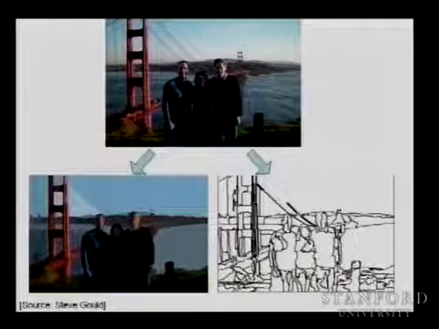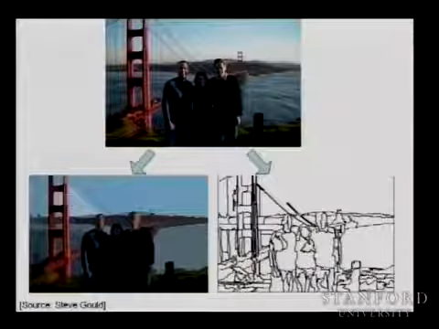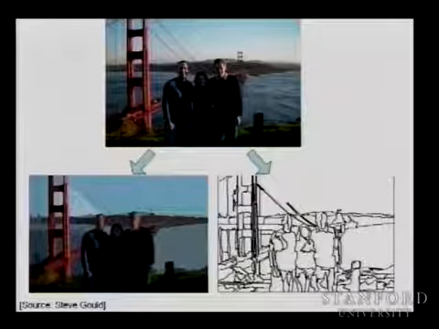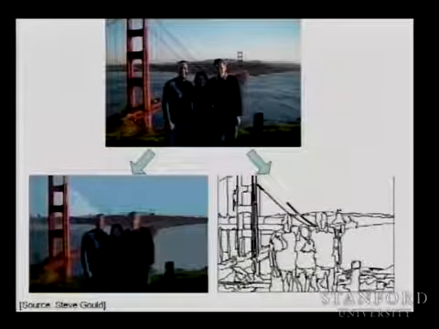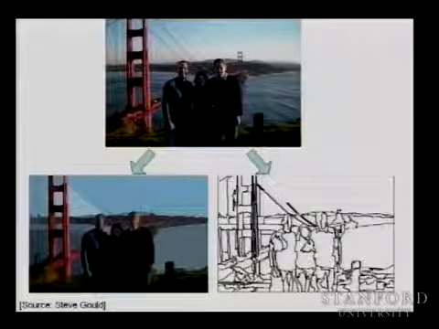And so the images you see on the bottom, I guess you can just barely see them, are groupings, what the algorithm has done to group different pixels together. On a small display, it might be easier to just look at the image on the right.